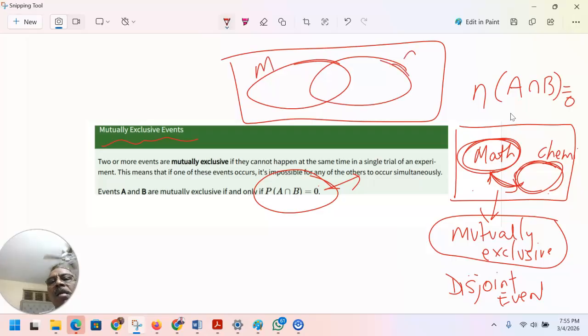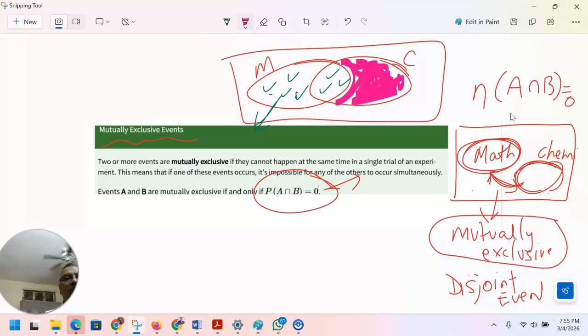So maths and chemistry, and there are some students taking both, and there may be three students going for maths and chemistry. And there are some students taking mathematics but not chemistry, and this piece will be only chemistry but not maths. Anyway, that's the understanding.